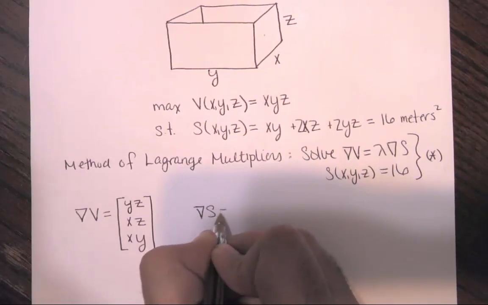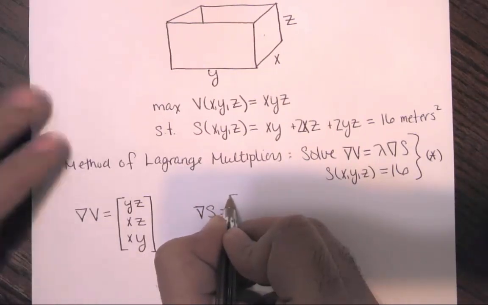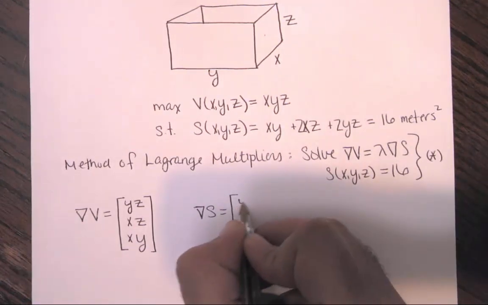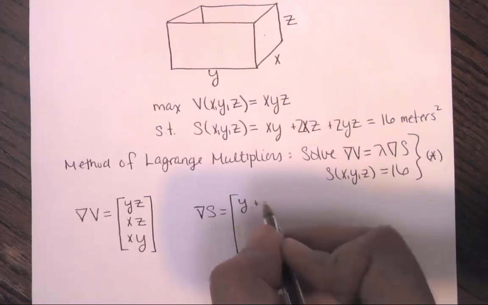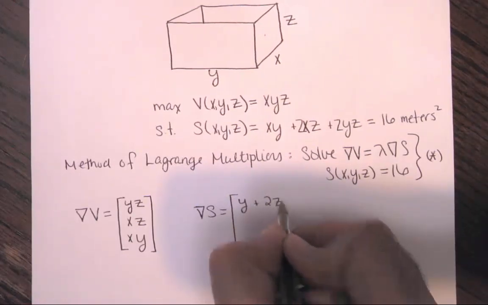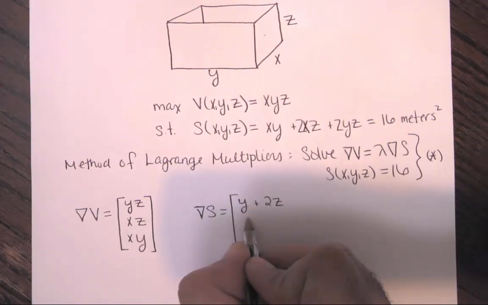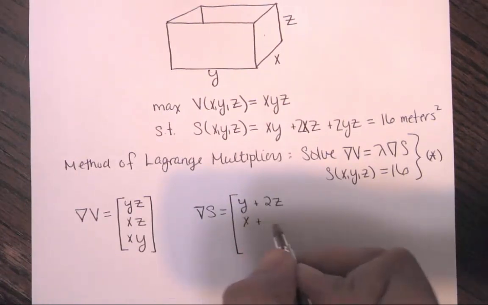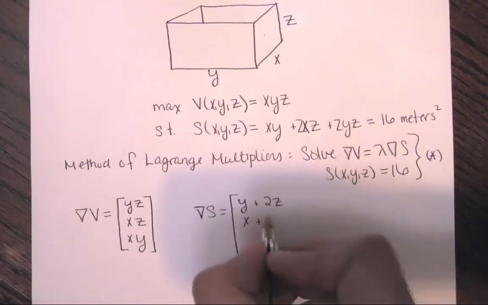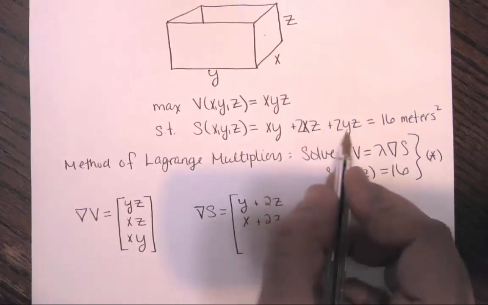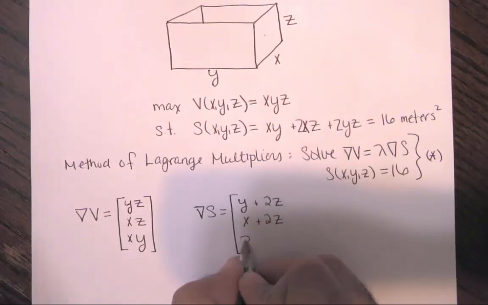The gradient of s would be, let's see, I would get y plus 2z. When I take the derivative with respect to y, I would get x plus 2z. And the derivative with respect to z, I would get 2x plus 2y.